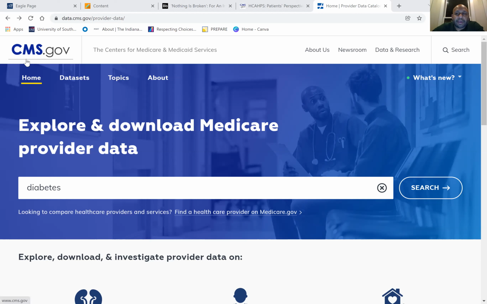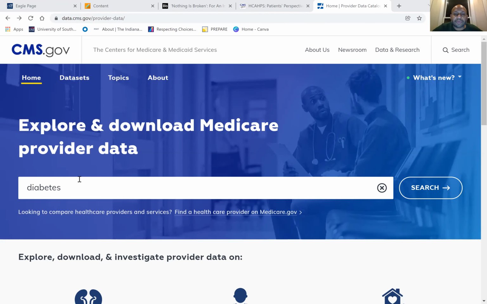So CMS.gov is the Center for Medicare and Medicaid Services from the federal government. And it's over here through this website that individuals can explore, download Medicare provider data. What does that mean? Medicare is the government health insurance program that provides care for individuals age 65 and older, so older adults.